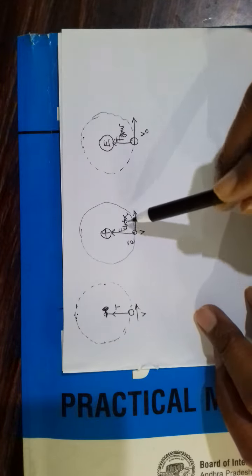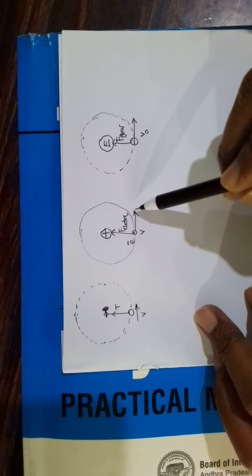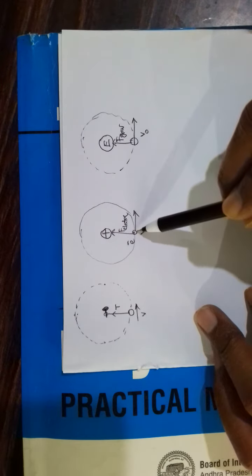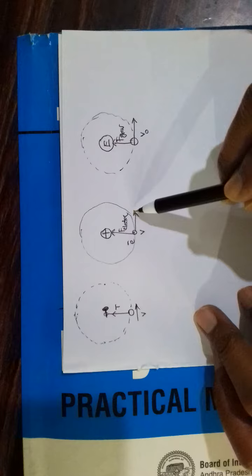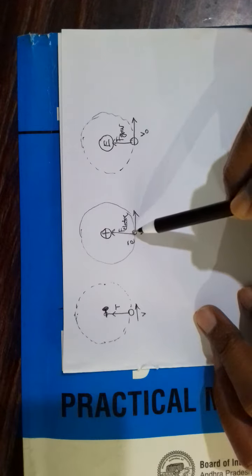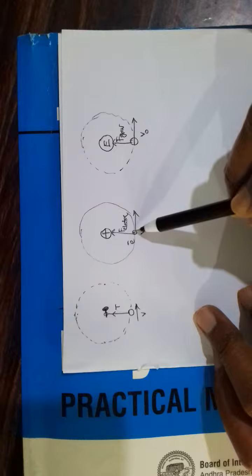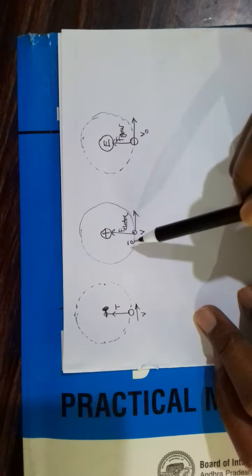So here this is the tangential velocity, tangent to the orbit, and to this velocity direction the electrostatic force of attraction is at 90 degrees. Therefore it will make the electron move in a circle.